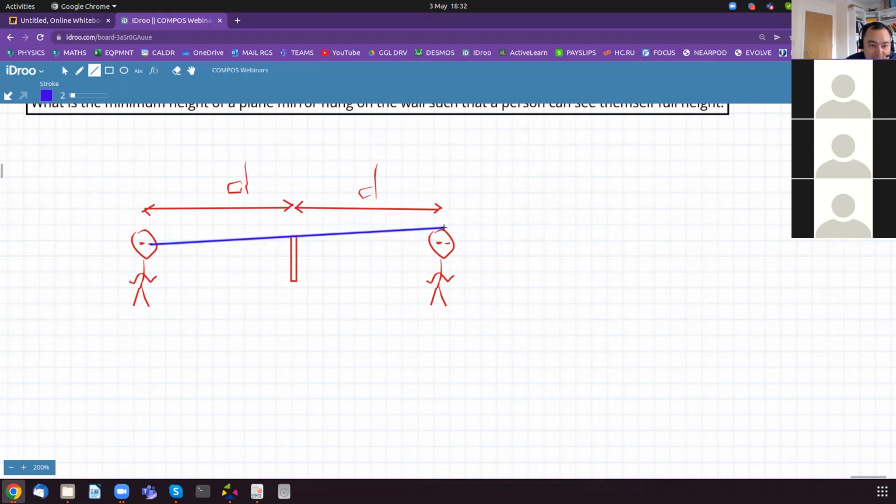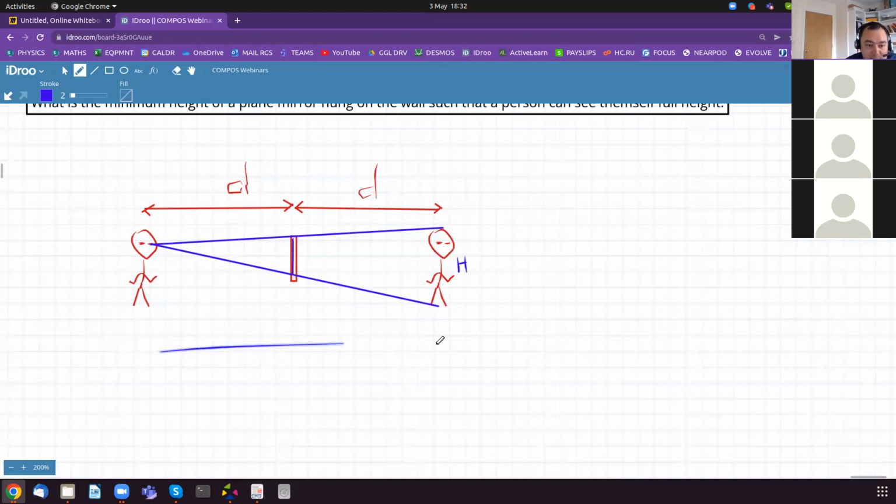You have to match the amount as you can see. So if this is h, the height of the person, then because these are like triangles, this is d and the whole thing is 2d.